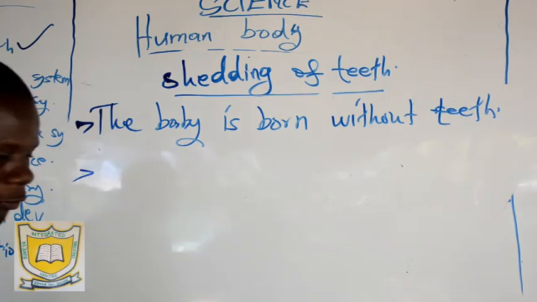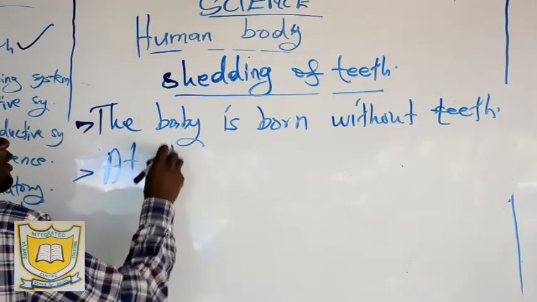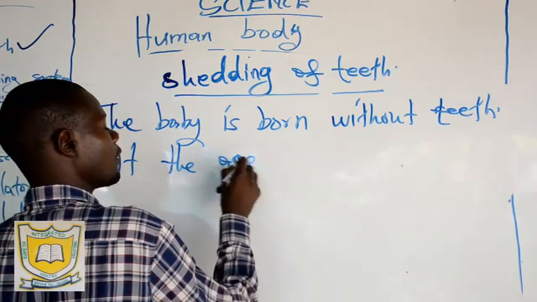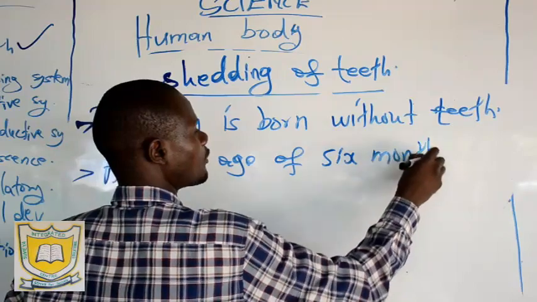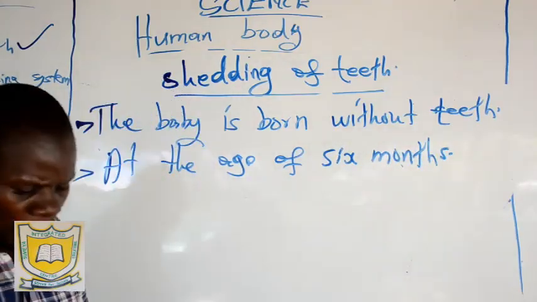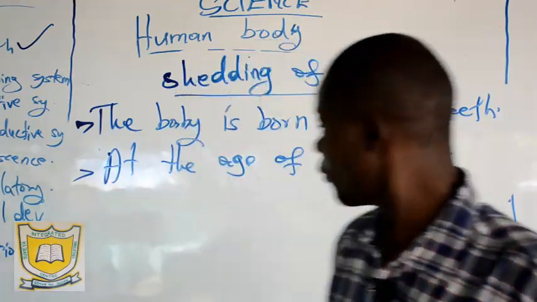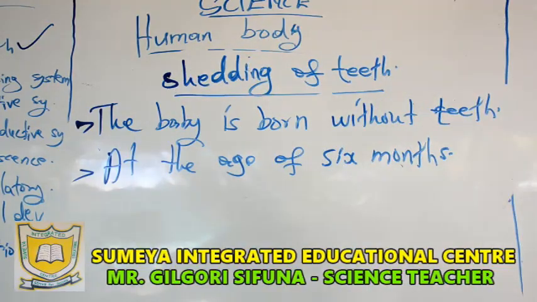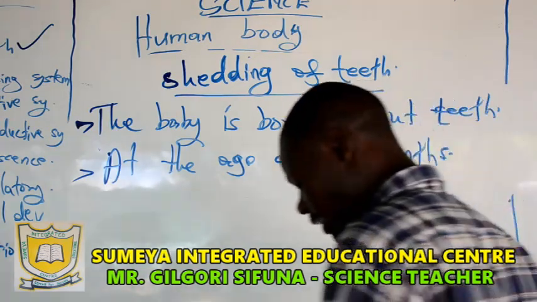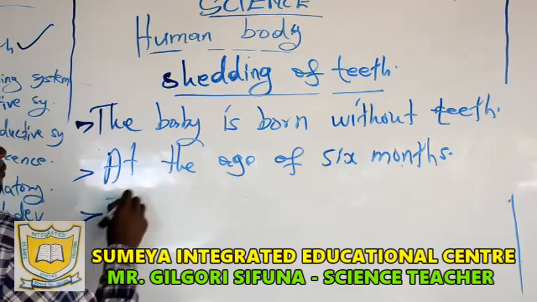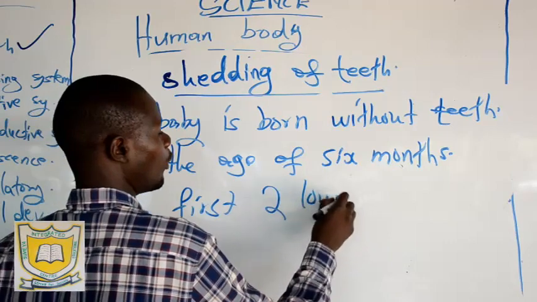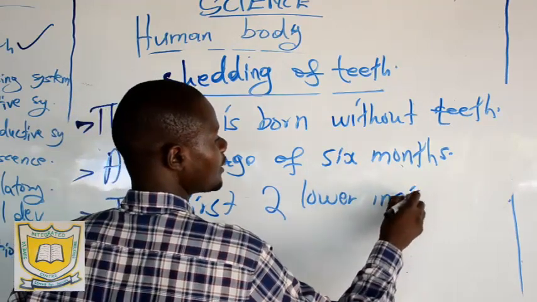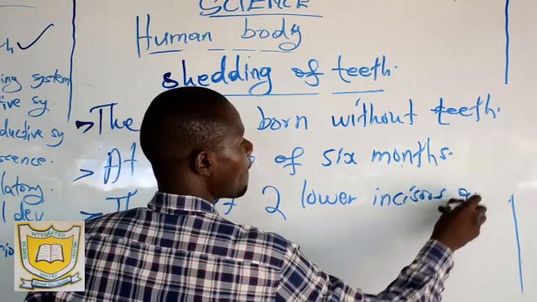At the age of 6 months, you find that a baby who was born without teeth has the first two lower incisors appear.